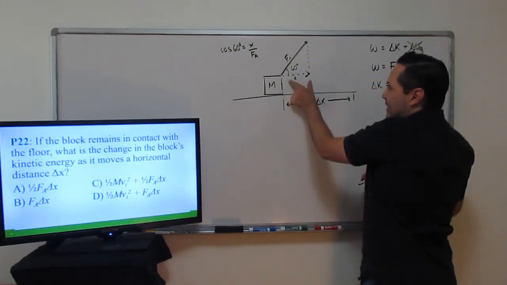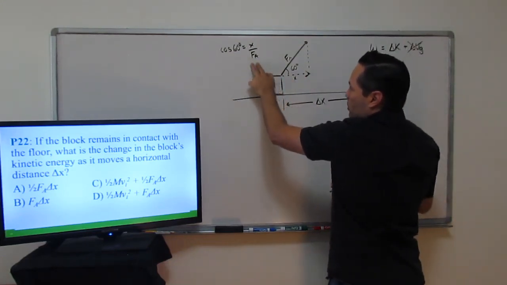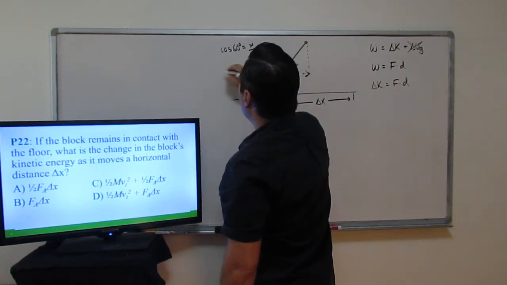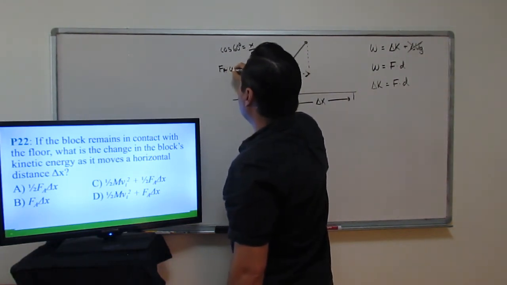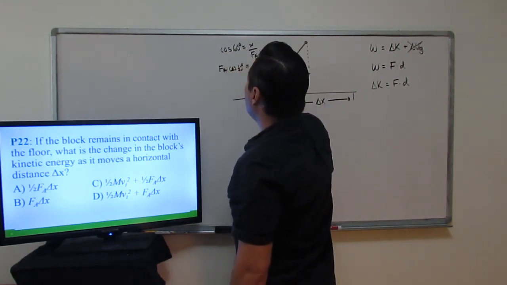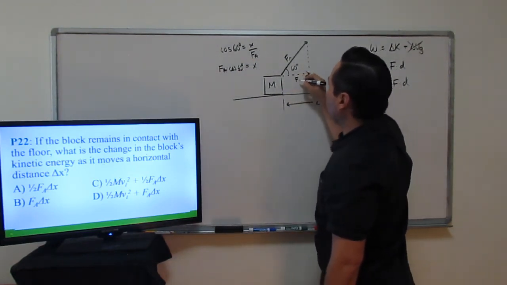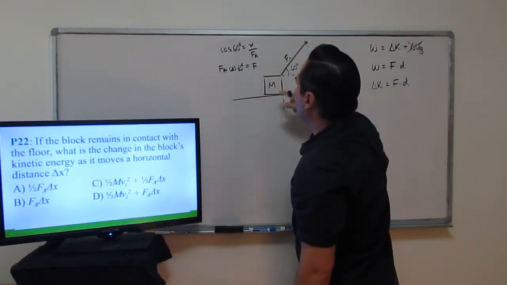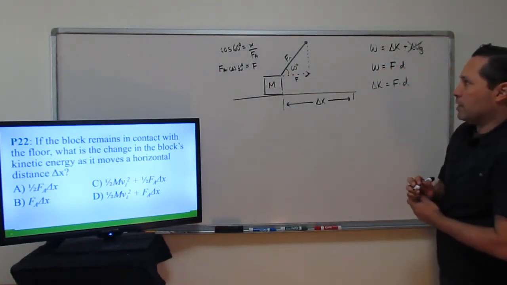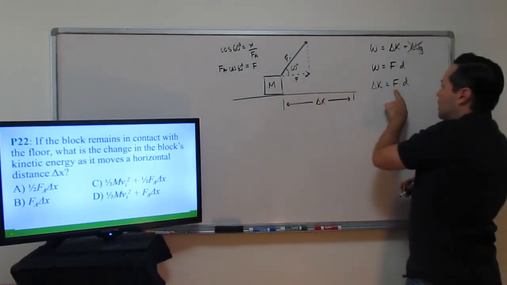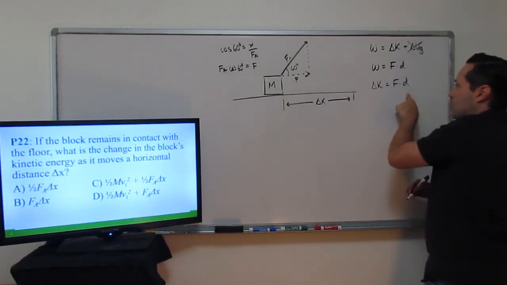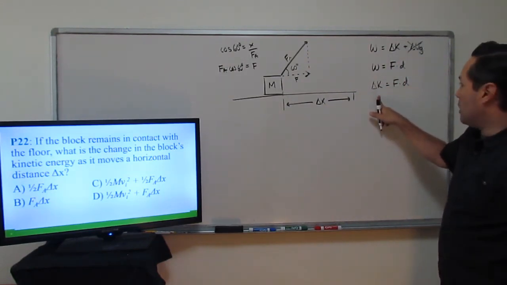That distance right there is the force that we're interested in. If you move it around a little bit, Fa times cosine of 60 is going to be our force for this part. Let's label it as F. Now we can plug that in here, with the distance, and that's going to give us our change in kinetic energy.